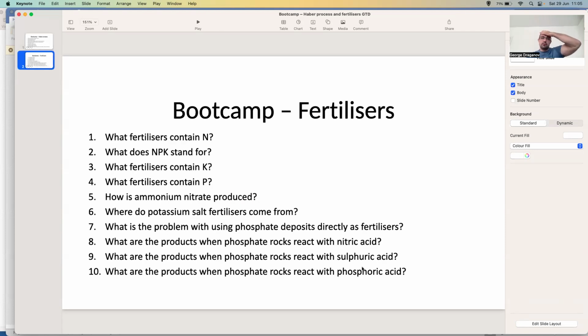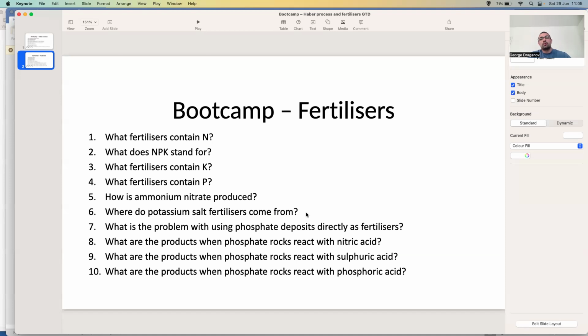For the fertilizers, you need to know these questions. So ammonium nitrate, nitrogen, phosphorus, potassium. Any fertilizer which contains potassium will be one that you put water on the rock, the potassium chloride rock. Ammonium phosphate would work. Ammonia plus nitric acid.